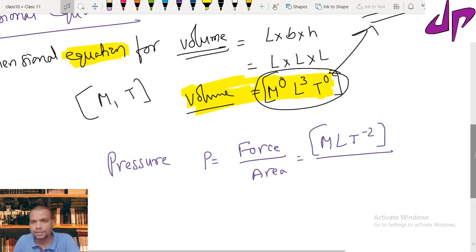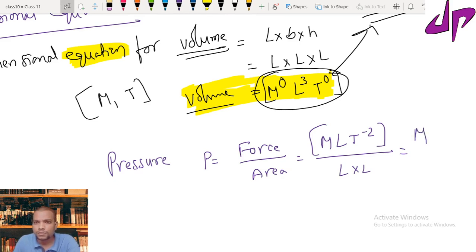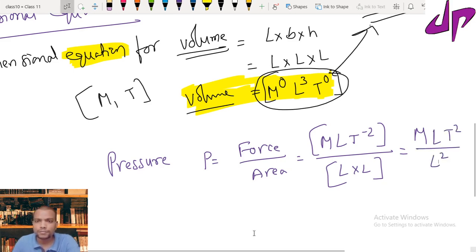Area we can write as length into breadth, L times L, which becomes L square. So M L T inverse 2 upon L square.